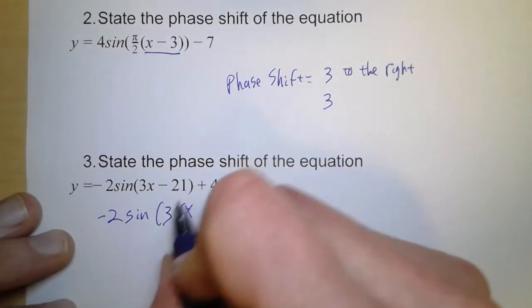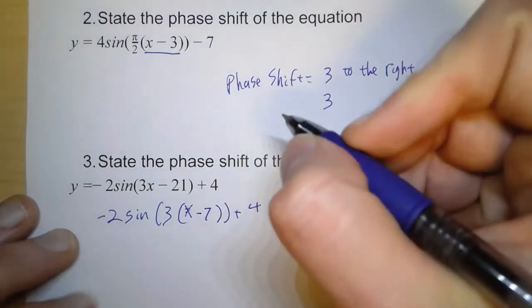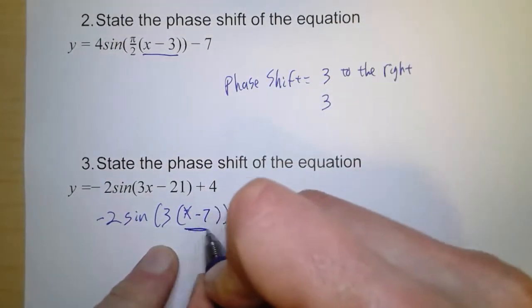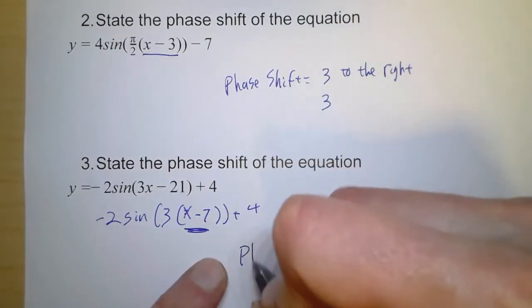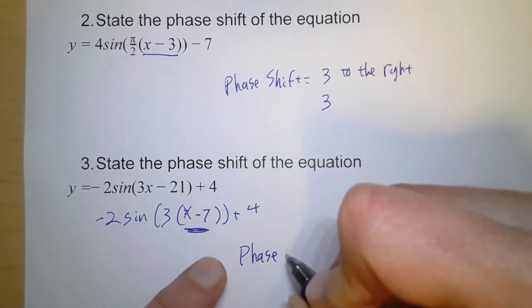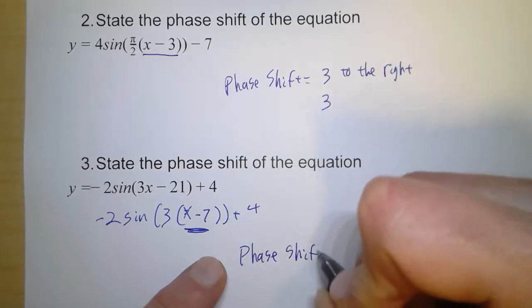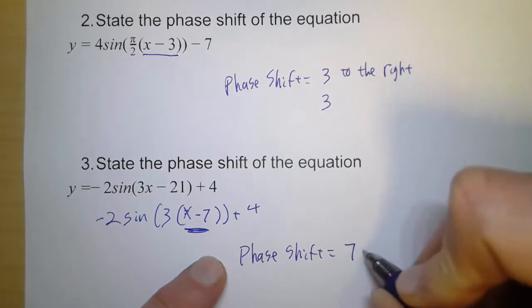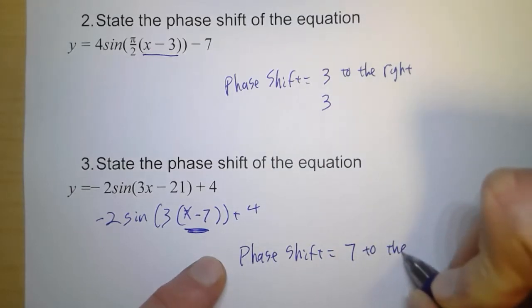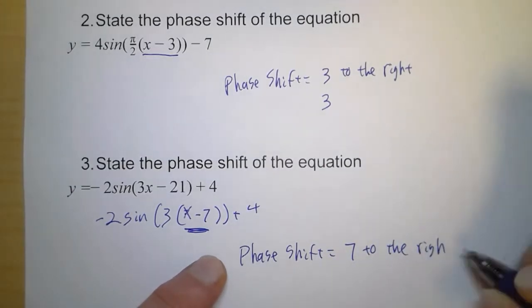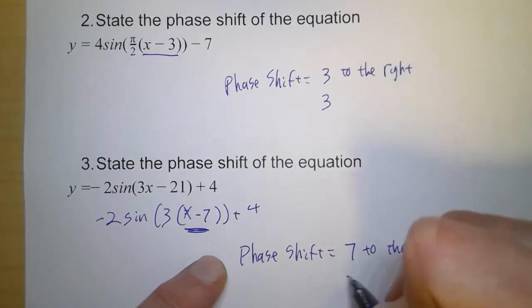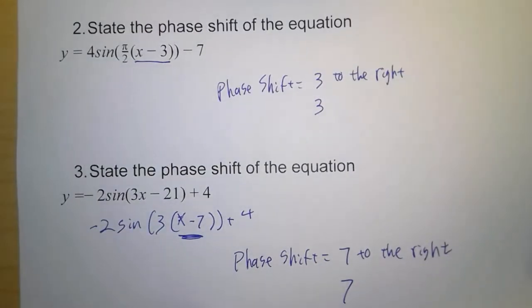If we divide minus 21 by 3, we get minus 7. So this right here, that is our phase shift. So this means we have a phase shift of 7 to the right. Or, if you're not adding the direction, it's just 7.